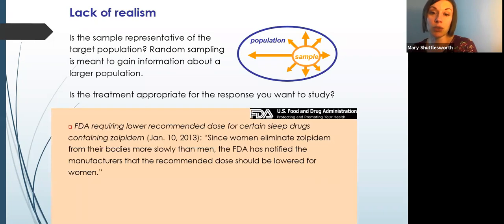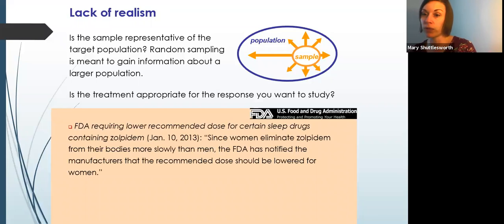We want to make sure too that the treatment that we are researching is appropriate for the response. So, looking at whether exposure to this independent variable will help us address the dependent variable that I am interested in studying. If you look at this particular study where the FDA is recommending doses for certain sleep drugs, they essentially did the original studies with all men.